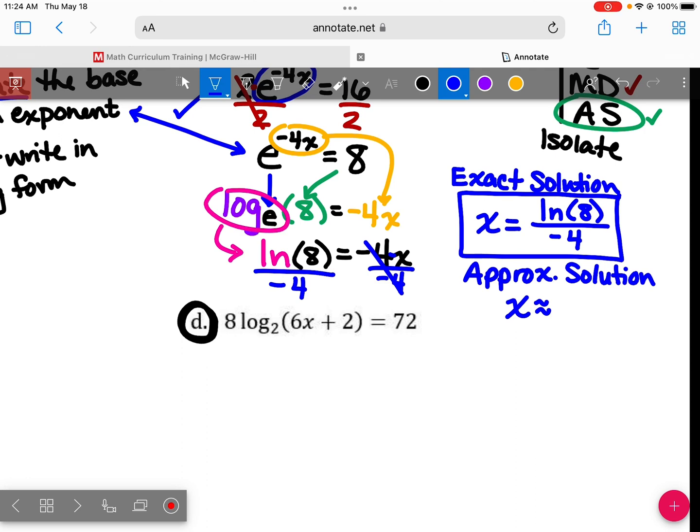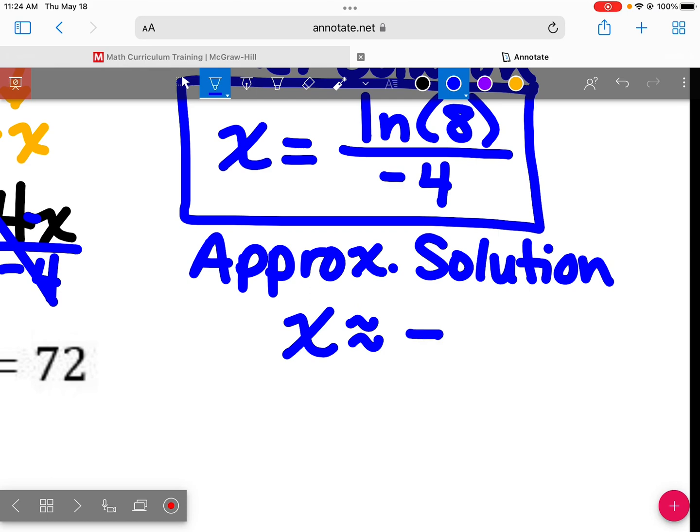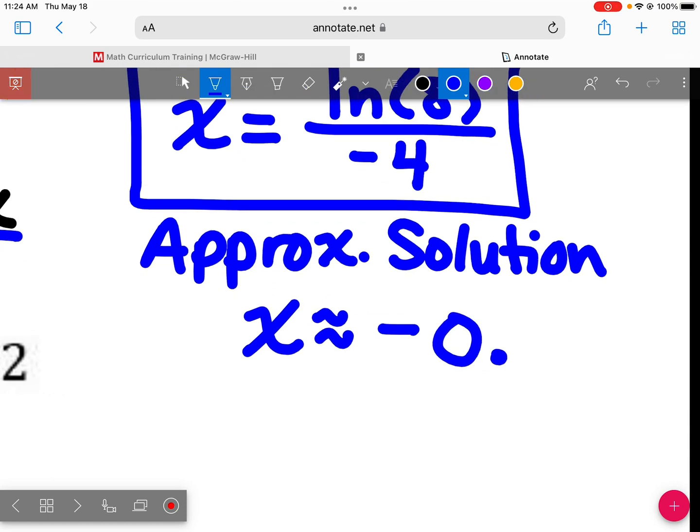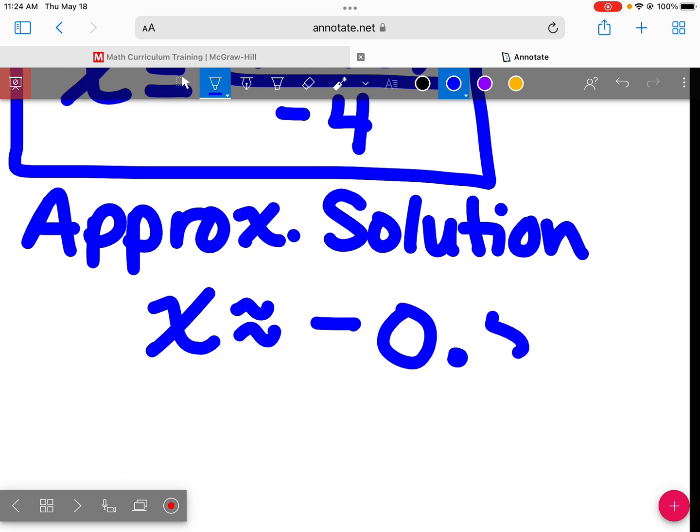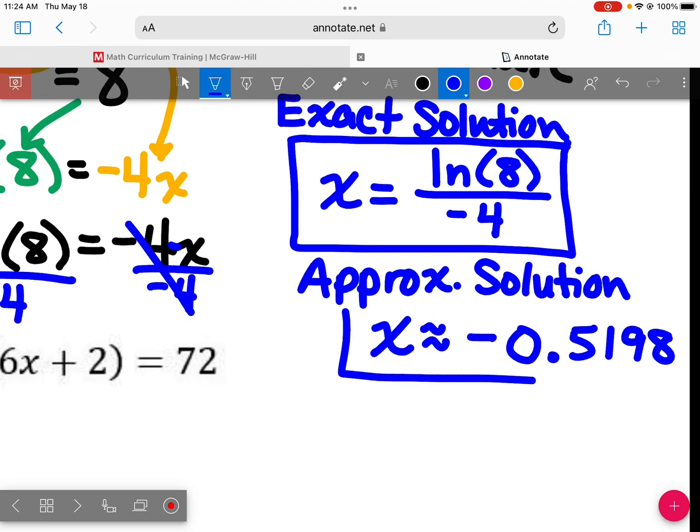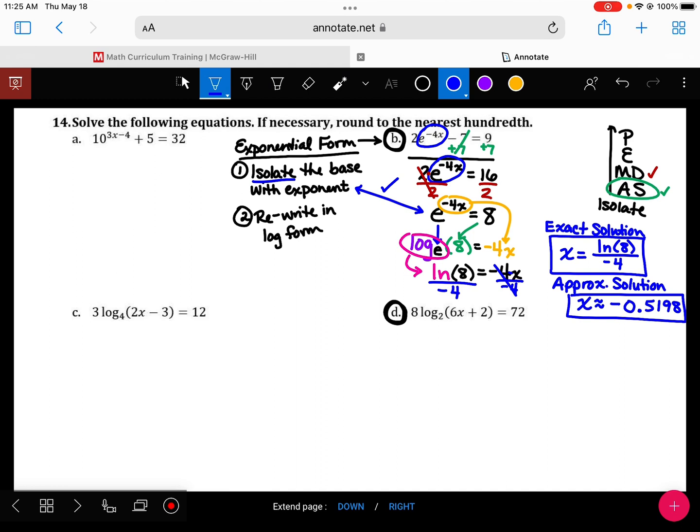Negative 0.5198, or you could round that to negative 0.52. You put a 3 instead of an 8. Other than that, you typed it in absolutely correctly.